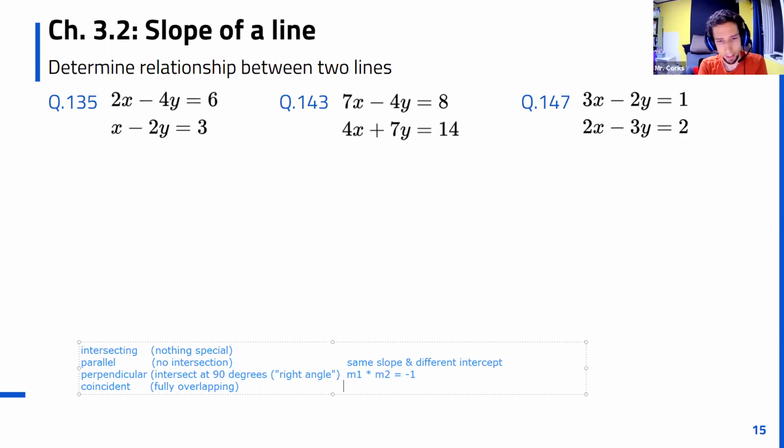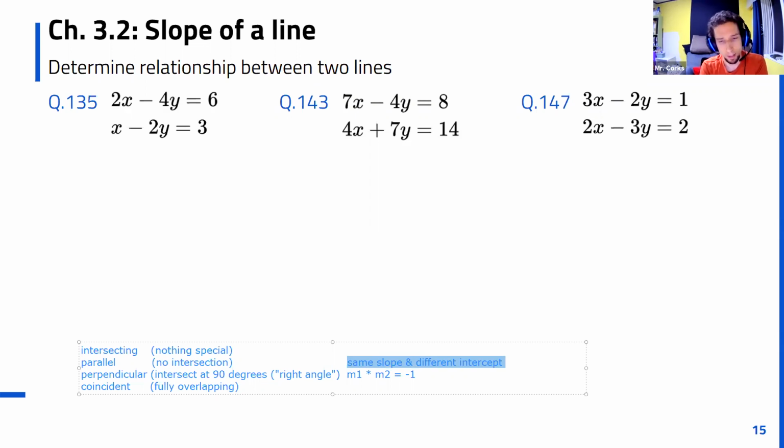How do we identify that? What do we look at in the equations? What thing will tell us if they are coincident or not?